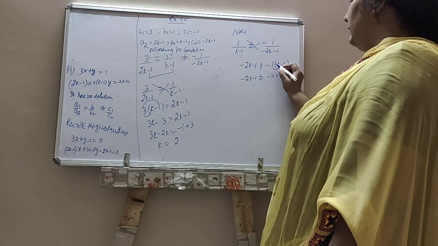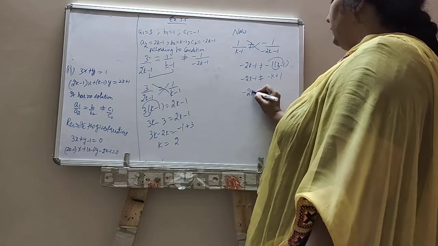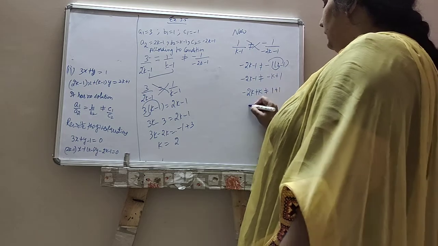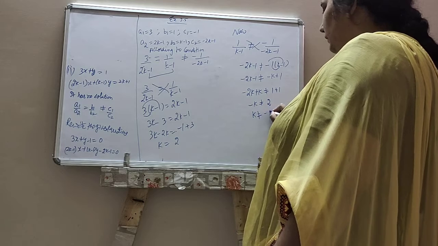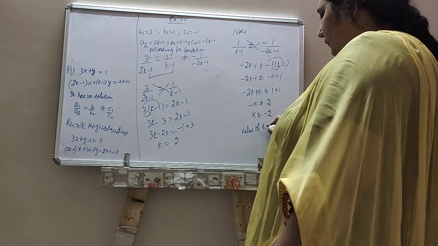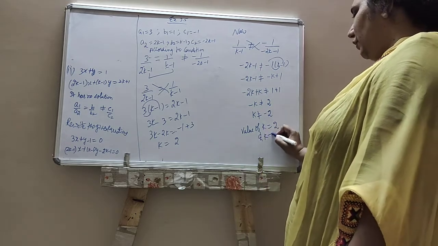Minus k plus 1. So shift k and 1. It is minus k is not equal to 2, so k is not equal to minus 2. So the value of k is equal to 2 and k is not equal to minus 2.